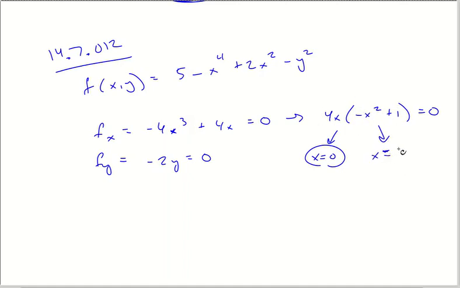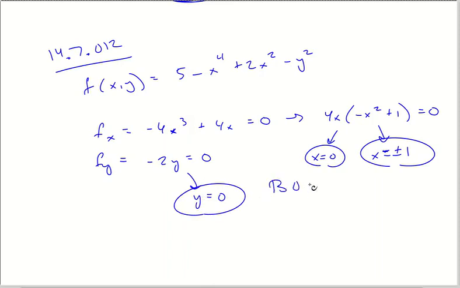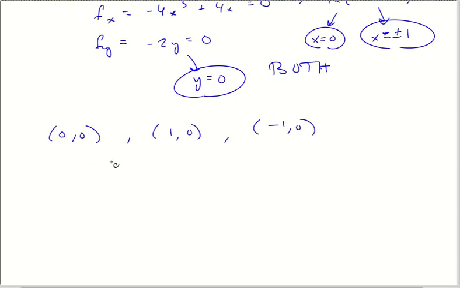It'll be a plus or minus 1. On this right here, it only works at y equals 0. But remember that I'm saying it has to work for both. So if you had to make some points here, I'm not going to use p because I would use a whole lot of them. We got 0, 0. We got 1, 0. And we got negative 1, 0. So those are my critical points.